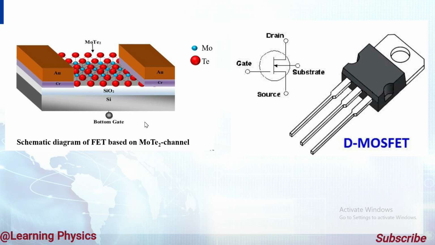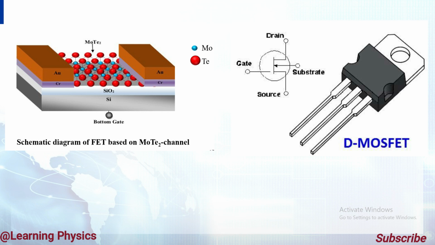Here is a schematic diagram of an FET based on MoS2 channel, and here we can see the channel material we can use for switching, and these are the source and drain, and these are the metal contacts attached with the chrome, and this is the silicon oxide layer, and the whole arrangement is placed on a silicon substrate. This is a bottom gate through which we can apply voltage.